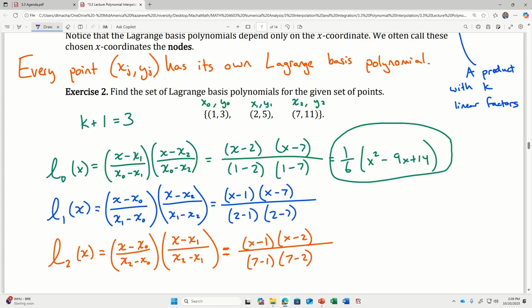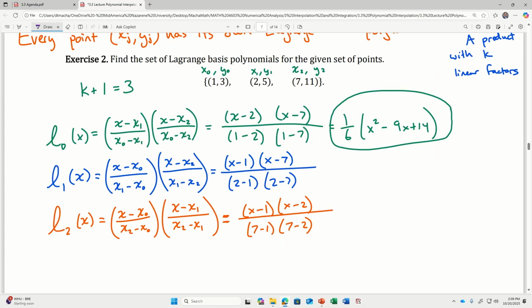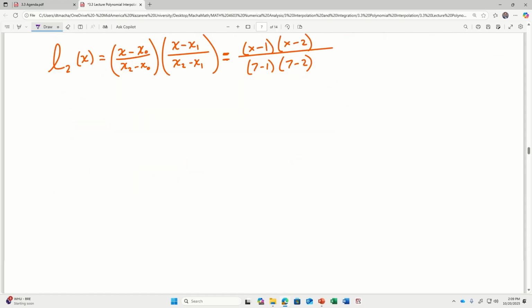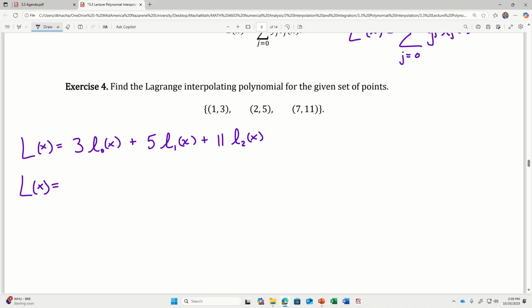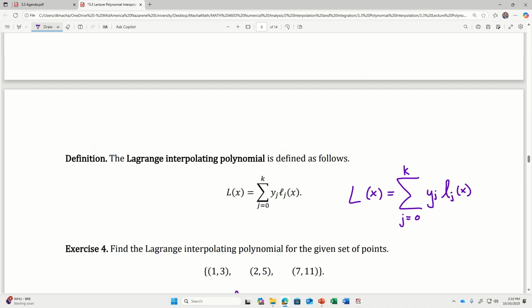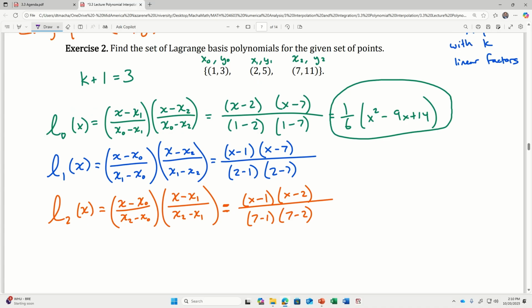They're the same points. So L0 is 1/6 times x squared minus 9x plus 14. Plus 5 times, in blue, we have L1.